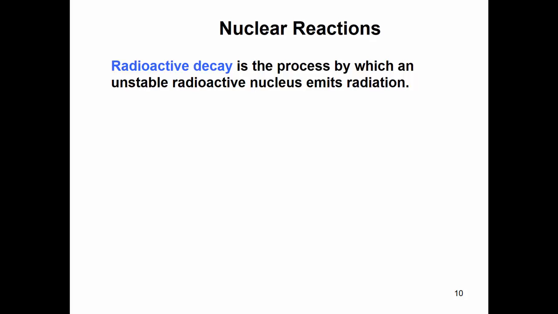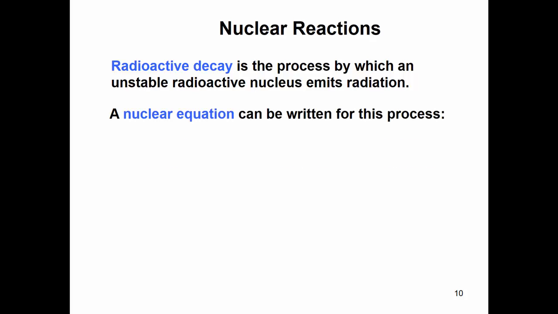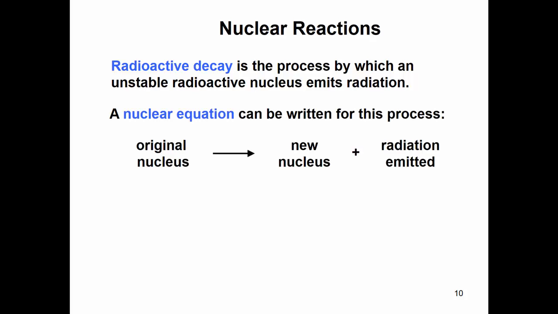Okay, and so what happens is we have radioactive decay, this process by which this unstable radioactive nucleus spontaneously emits radiation in the form of one of those particles. Okay, so if you take your original nucleus, it can decay and form a new nucleus plus one of our particles, the radiation that's emitted.